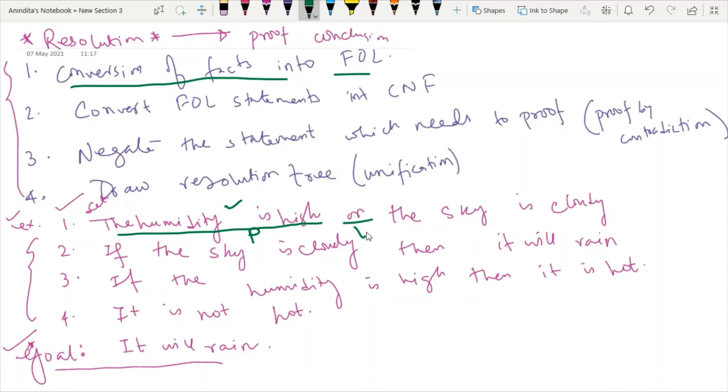Now we have or in between, and the sky is cloudy. So I am assuming it as Q. So the first fact is converted to FOL, first order logic, and that is P or Q.